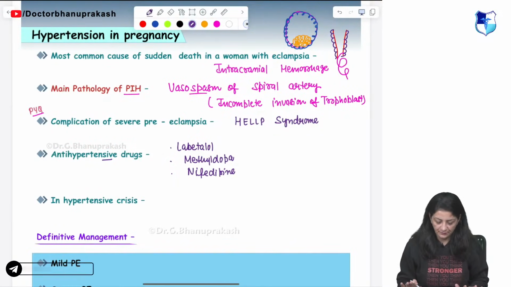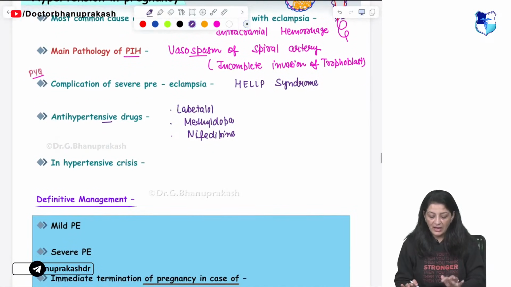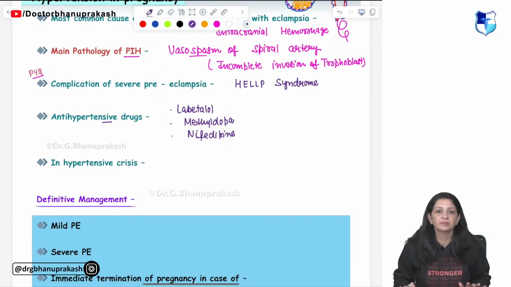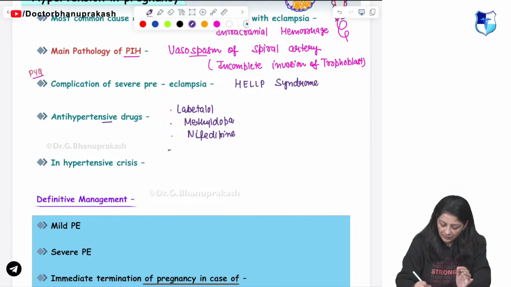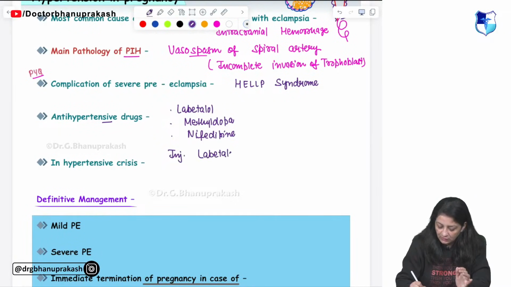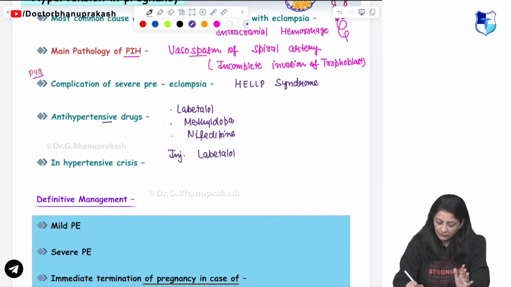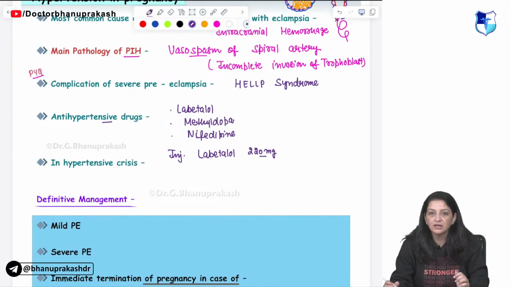So these are the antihypertensive drugs we can use in case of pregnancy induced hypertension, chronic hypertension. Okay, but in case of hypertensive crisis, uncontrolled BP है patient का, then injectable labetalol with the total dose of 220 milligrams, in a divided dose.